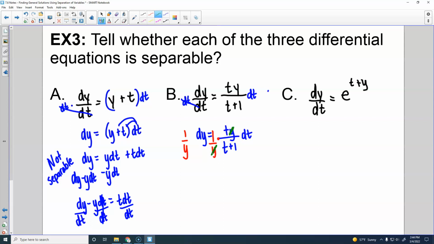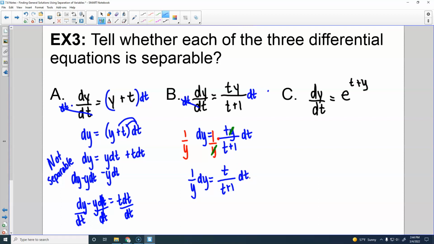It is perfectly fine to do it that way where you multiply and then divide and then bring that t plus 1 back, but you don't have to. So you could just divide by that y there, and you would end up with 1 over y dy equals t over t plus 1 dt.